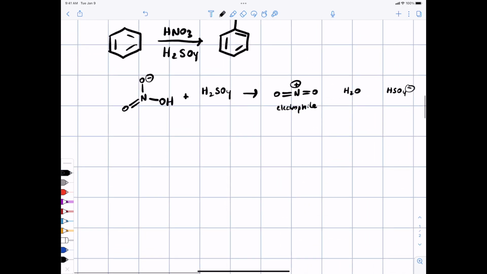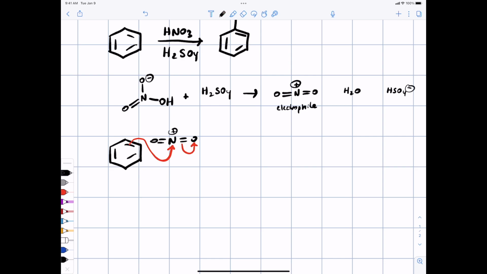And so arrow pushing with that electrophile looks like this. Here's benzene. Attack the nitrogen with the pi bond from benzene. If I stop there, I'd have too many bonds to nitrogen. So I'm basically going to treat the NO pi bond as though we're dealing with a carbonyl.